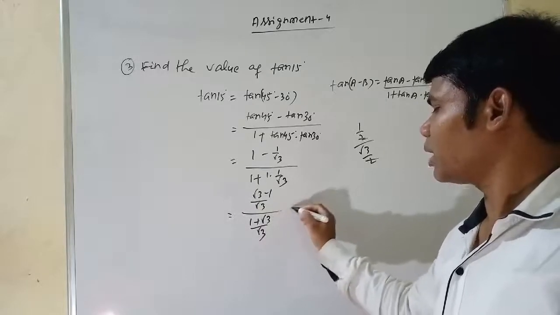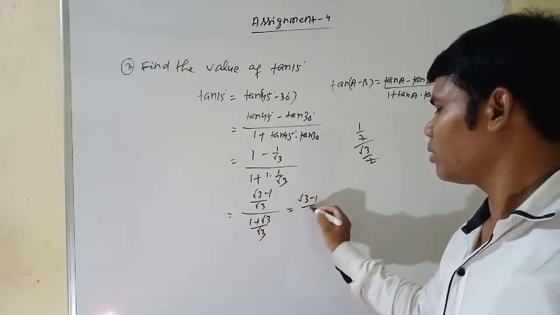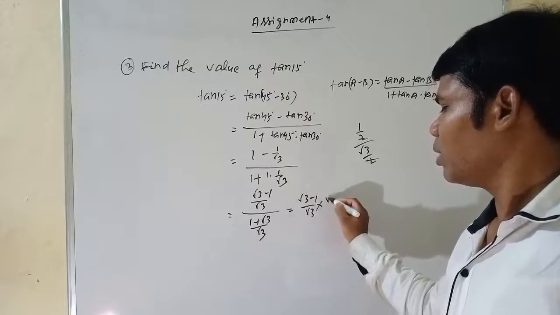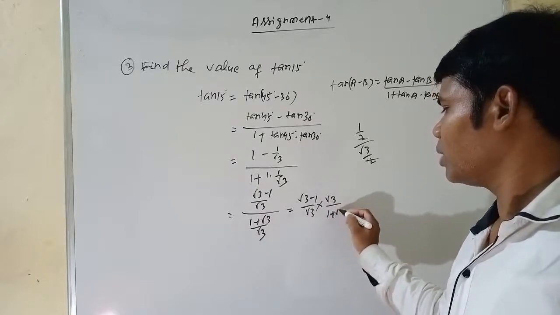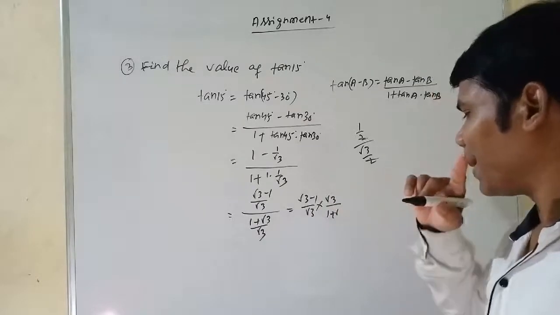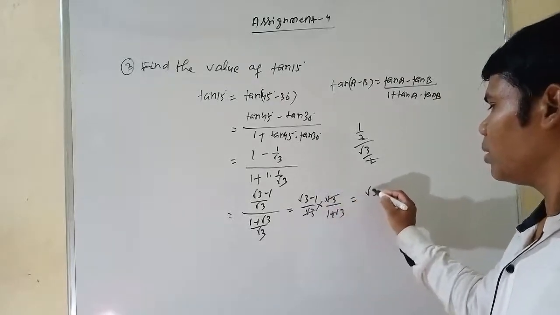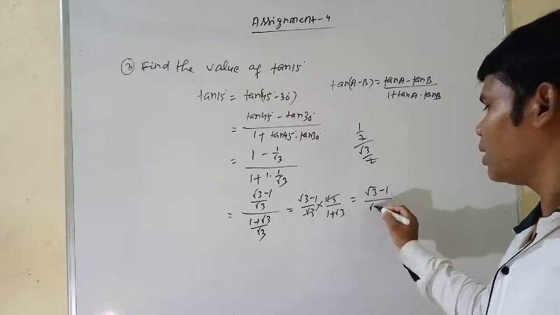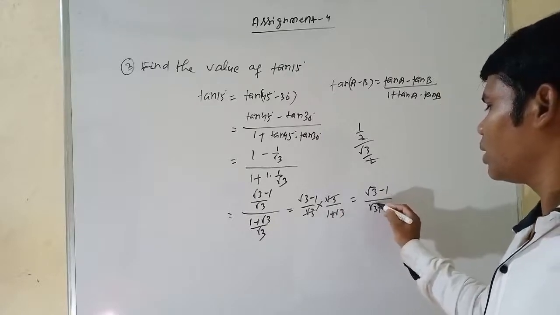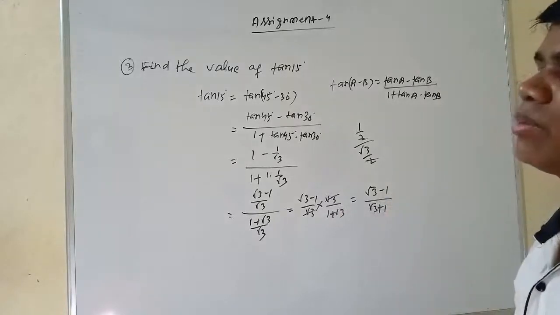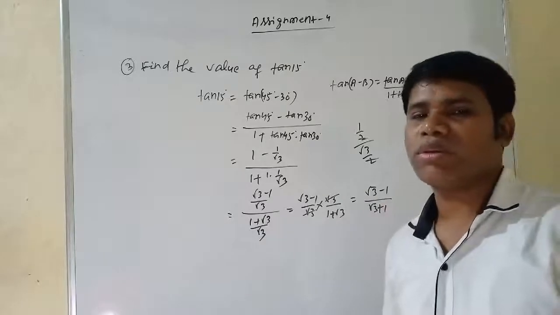Root 3 will cancel out: root 3 minus 1 by root 3 into root 3 by 1 plus root 3. Root 3 cancels out, which is equal to root 3 minus 1 by root 3 plus 1. This is your tan 15 degree. Pause the video, note it down.